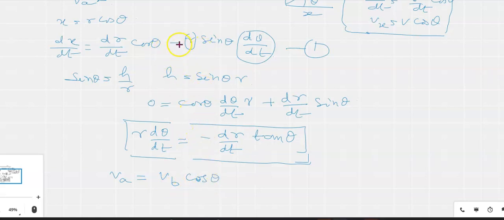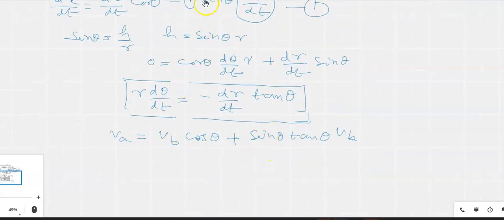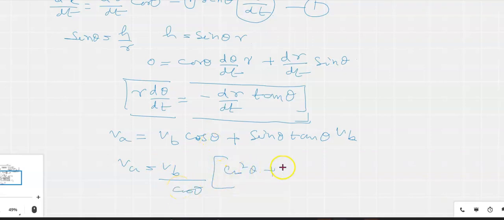Then we have here this minus and this becomes plus, plus we have sin theta and tan theta, and here we have VB. So this gives us VA is equal to VB by cos theta. This is cos square theta plus sin square theta, and this is 1. So this gives us straight away VB is equal to VA cos theta.